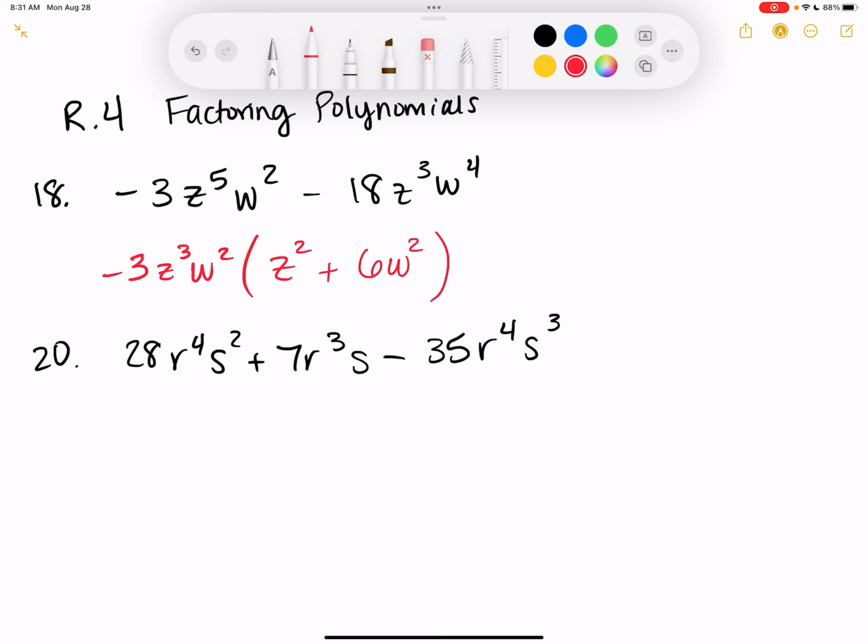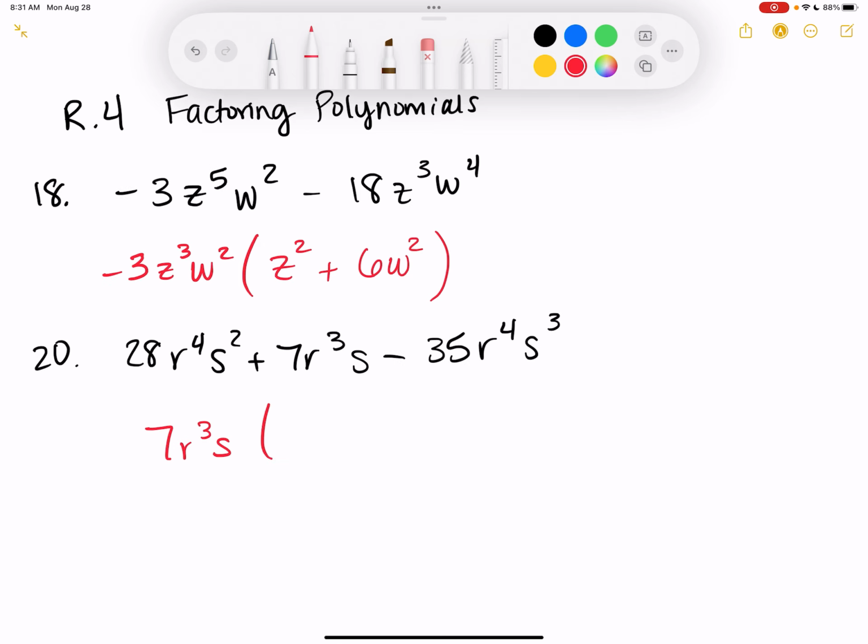Not 28. 7r cubed and then s. So that's the biggest thing out of each one.